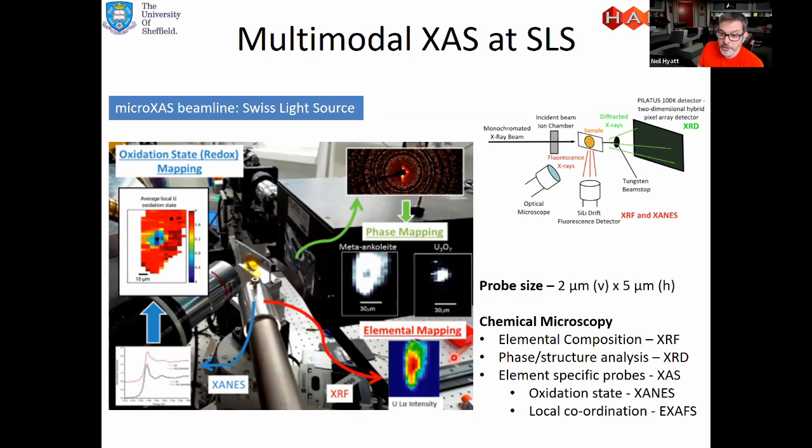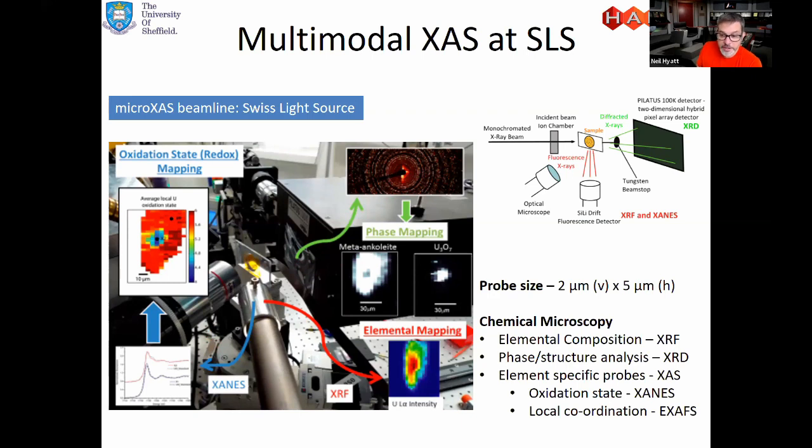These are then used to identify points of interest for further investigation. They can be interrogated by XANES step scanning in the traditional method with fluorescence detection, or we can do X-ray diffraction in transmission mode using a Pilatus detector.